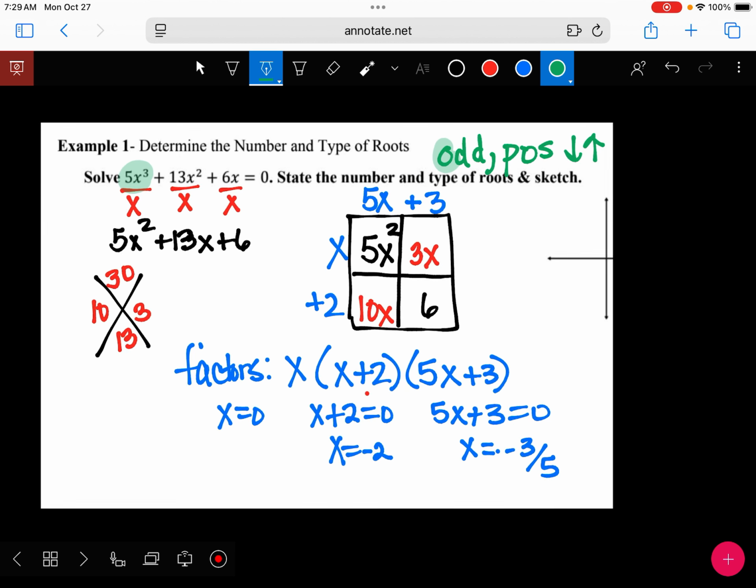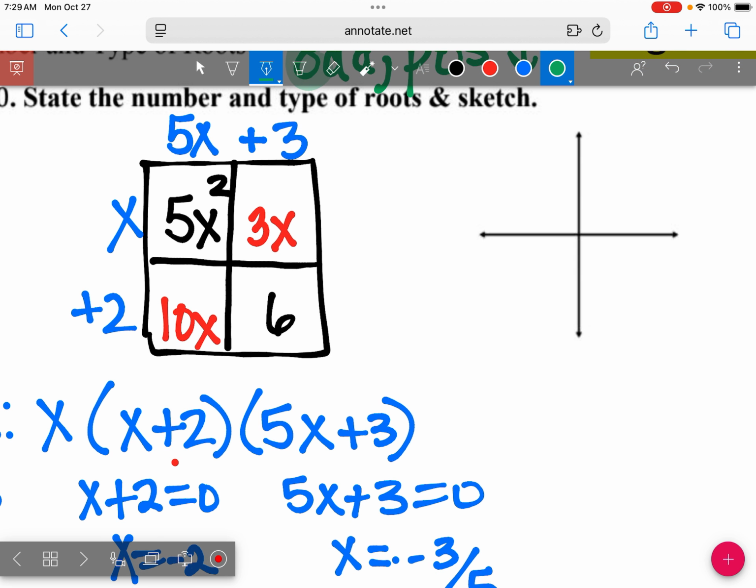I know I have two negative answers, so I'm just going to put 2 points on the negative. This is a sketch. It's not accurate. We got 2 zeros that are negative, and then we also have 1 here. So I'm just going to come up, go through, go through, go through. And that would be your sketch, because every single factor had a degree of 1, which is odd, which means it goes through.